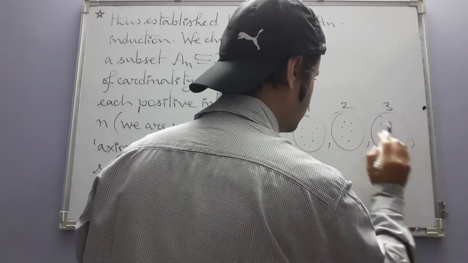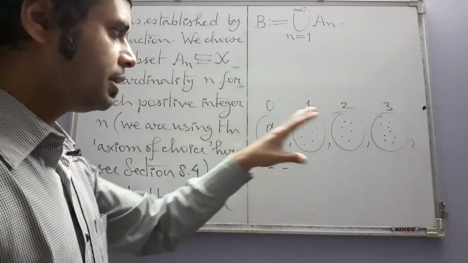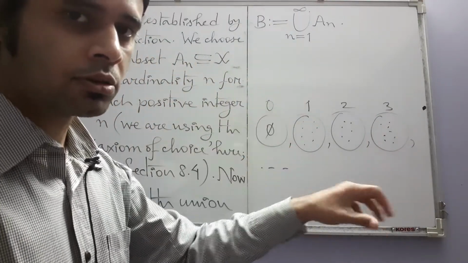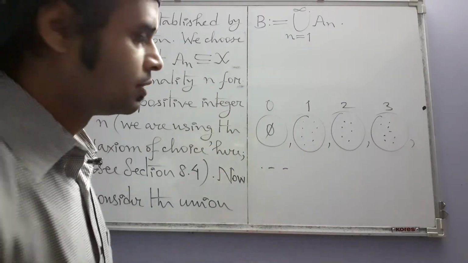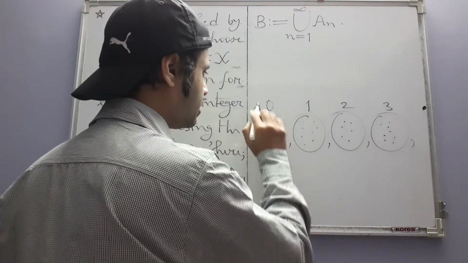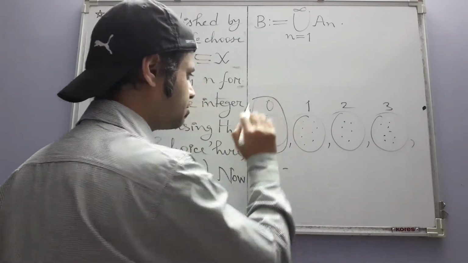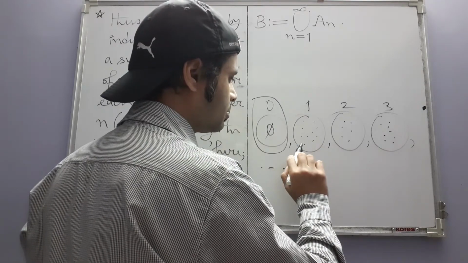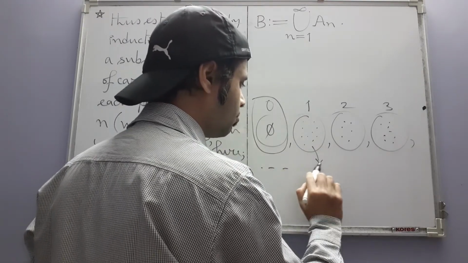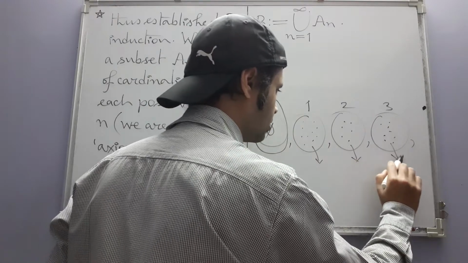It's like having infinitely many bags or containers. Each container is non-empty, and from these containers, this first container of course is being ignored here. Starting from this container, we are choosing one element from each container.